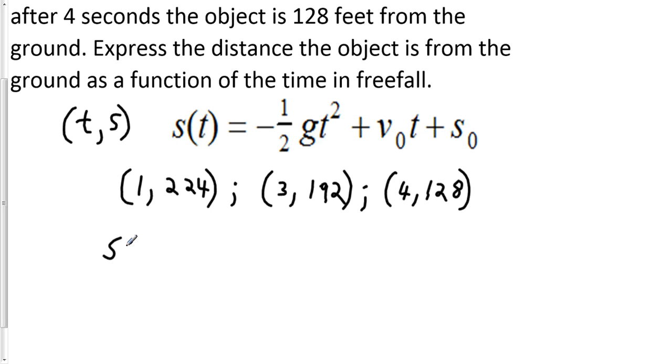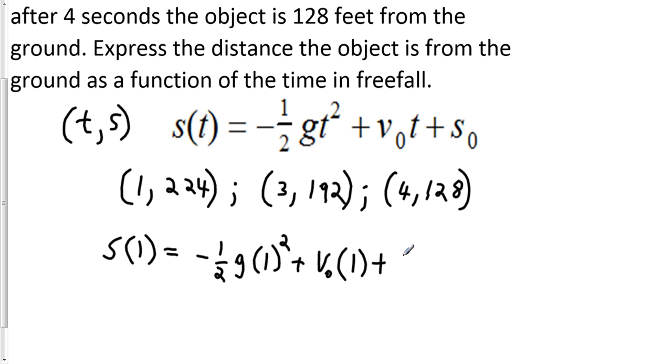So the s of 1, the position at time 1 second, is going to be negative 1 half g times t, which is 1 squared, plus v naught, which is v sub 0, the initial velocity, times t, which is 1, plus s naught, which is s sub 0, the initial position. And when I plug all this in, I should get the height above the ground of 224 feet. So I have that one equation.